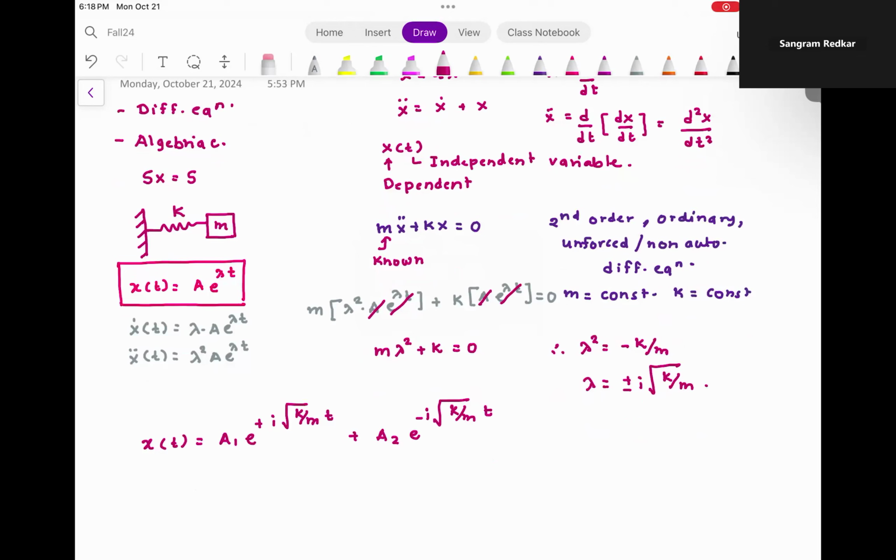If I plug this solution into m x double dot plus k x is equal to 0, my left hand side would be equal to my right hand side.